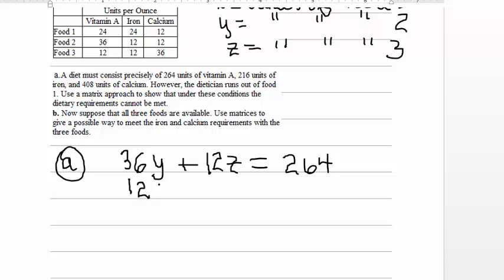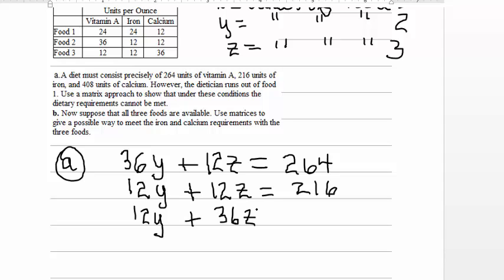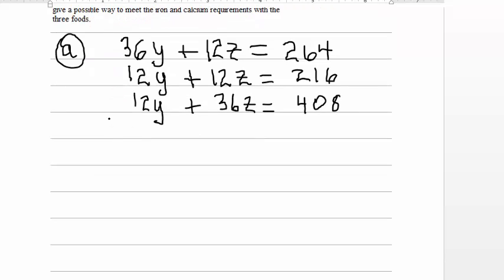So let's look at the units of iron. 12y units of iron plus 12z units of iron have to equal the 216 units of iron that are needed. 12y units of calcium plus 36z units of calcium have to equal the 408 units of calcium that are needed.